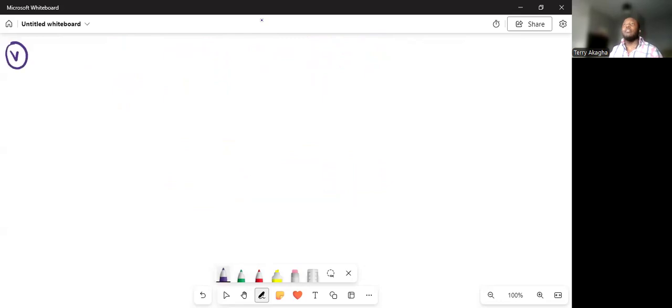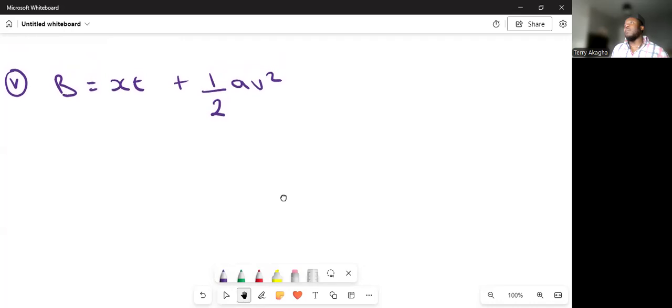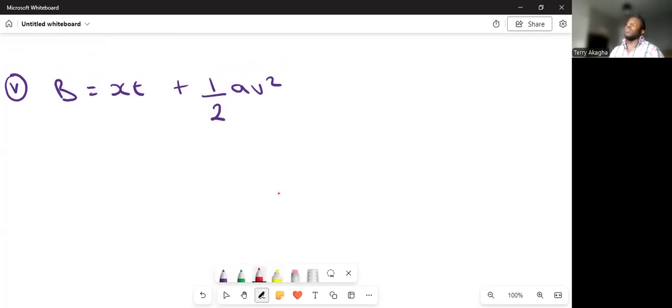Okay, so we have b is equal to xt plus 1/2 av squared. And you want the t to be on its own, so it's going to be easy. What you can do, very simple, is subtract 1/2 av squared from both sides. So you subtract here 1/2 av squared, and you subtract here as well 1/2 av squared.